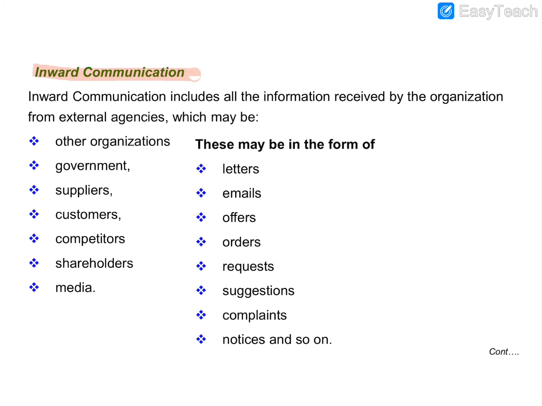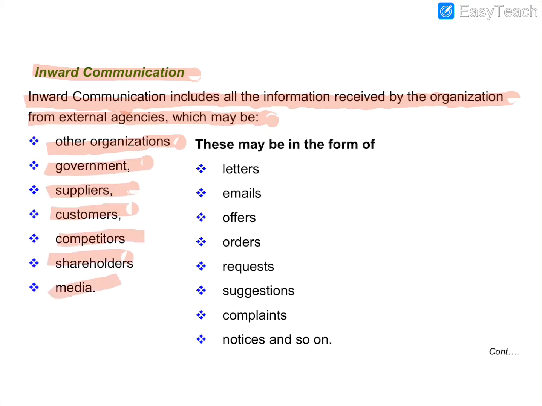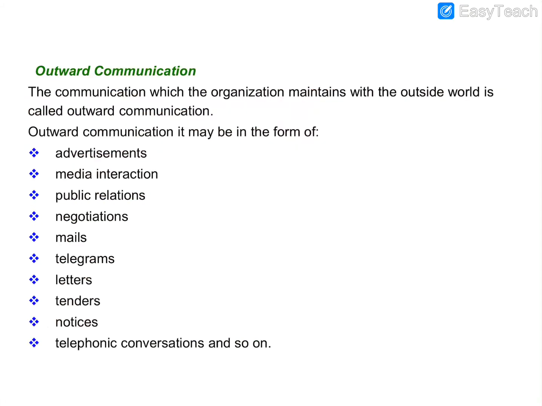Okay, we have inward communication. Inward communication includes all the information received by the organization from external agencies, which can be other organizations, government, suppliers, customers, competitors, shareholders, media, and this can be in the form of letters, email, offers, orders, requests, suggestions, complaints, notices, and so on.